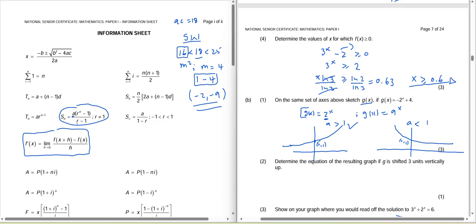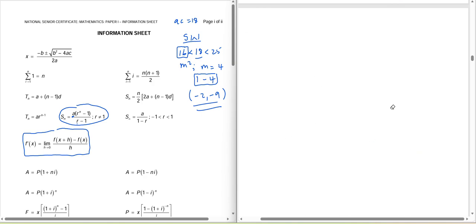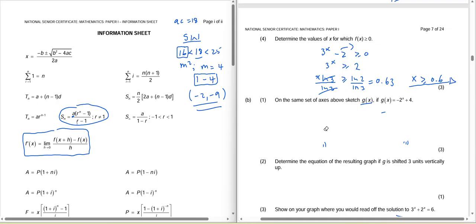So since it's a reflection in the y-axis, now I'm going to erase and justify a bit of it. What does that mean? I already gave you the cases to be on the lookout for. Now, because it was like that, it means it will be like this.